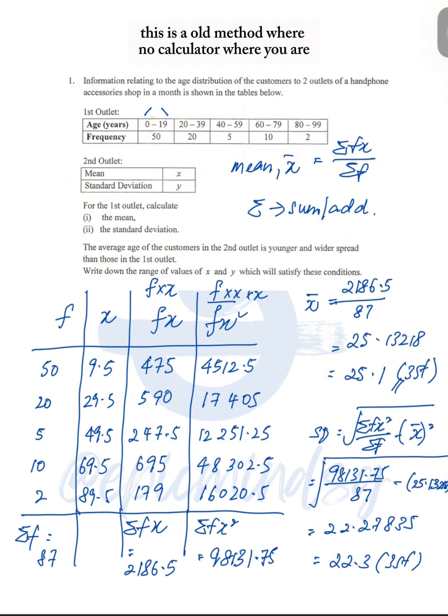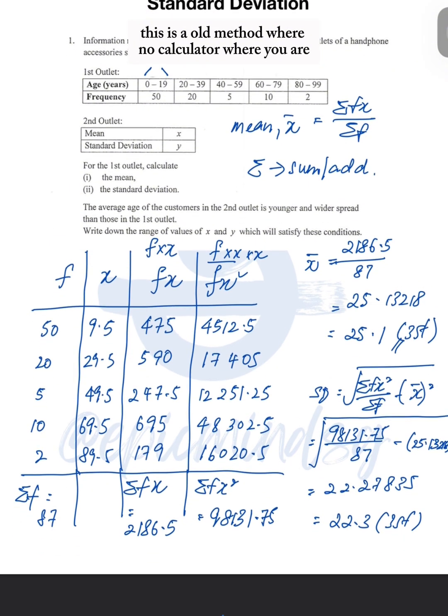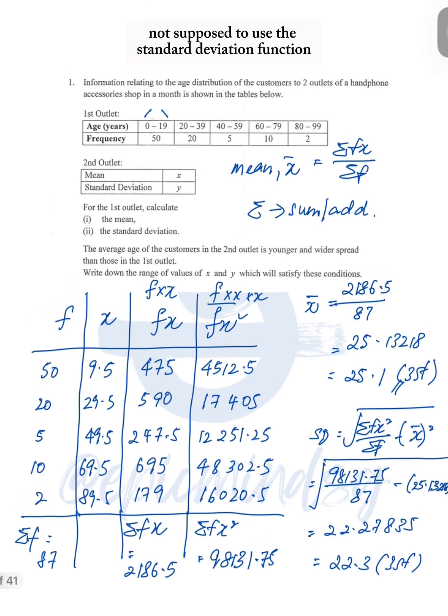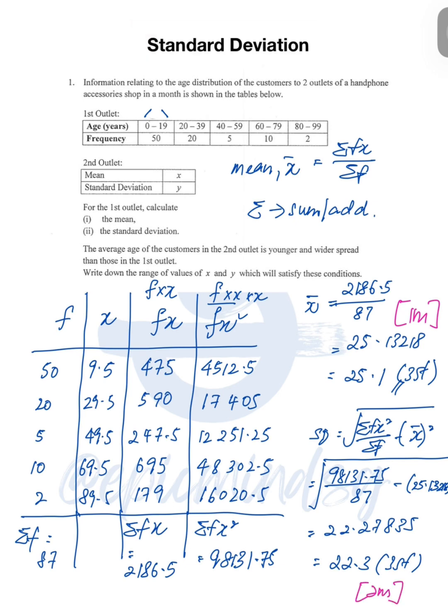This is an old method, where you're not supposed to use the standard deviation function in your calculator. For questions like these, the mark weightage is 1 mark for your mean and then 2 marks for your standard deviation. Okay, so let's pause this recording.